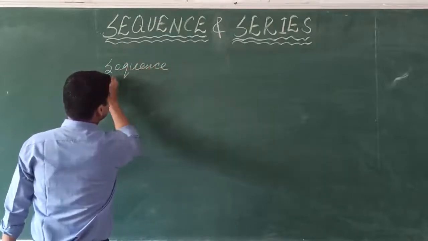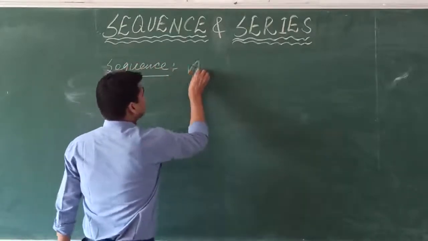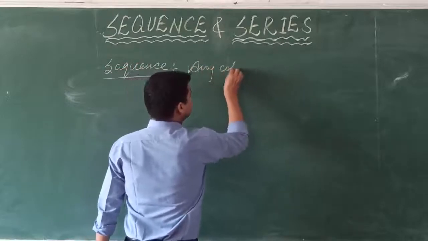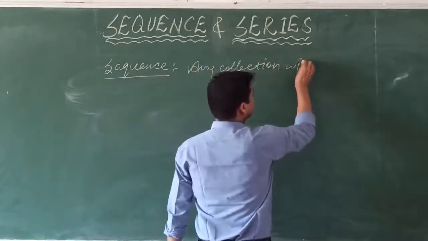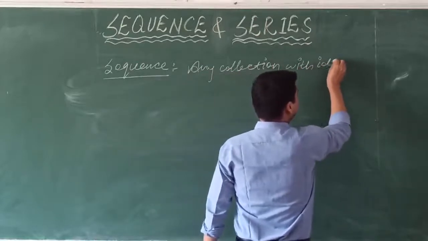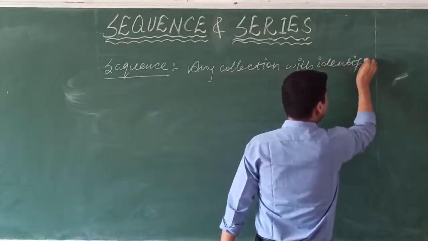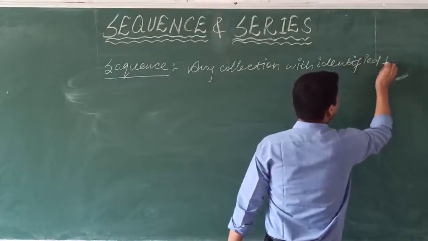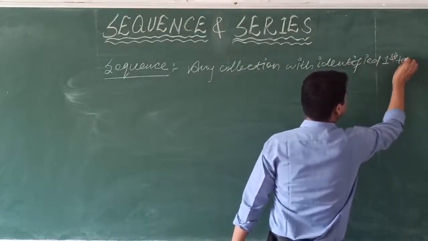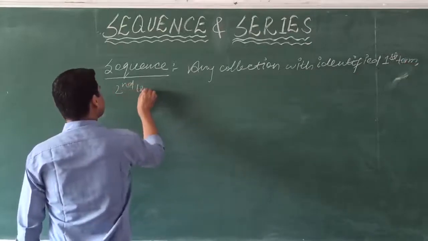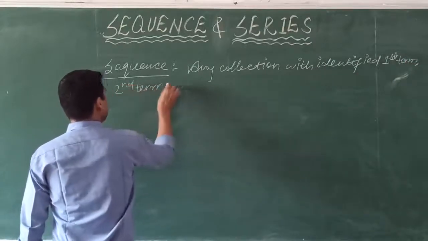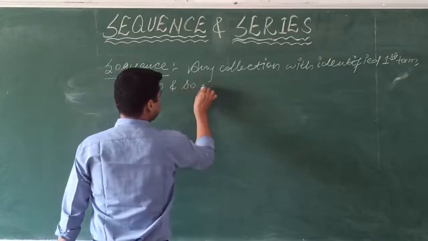What is called sequence? Any collection with identified first term, second term, and so on.